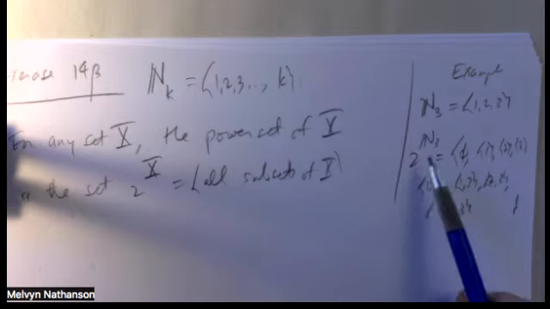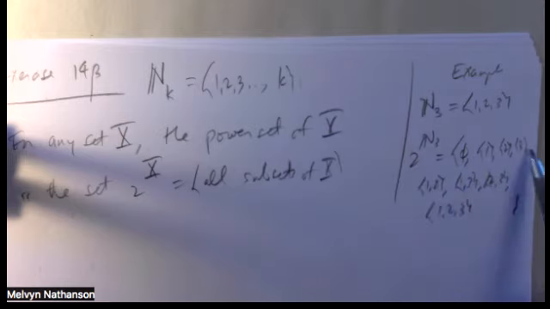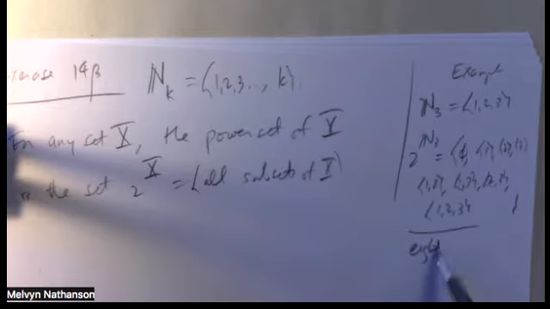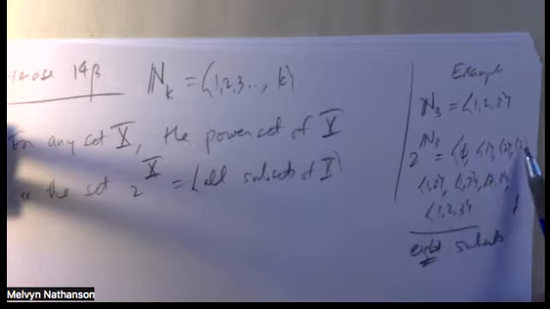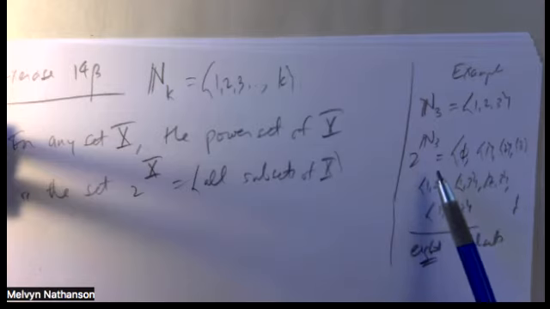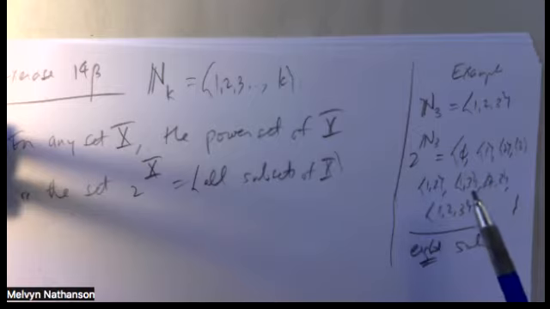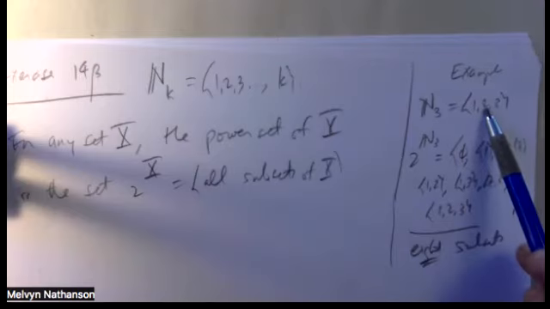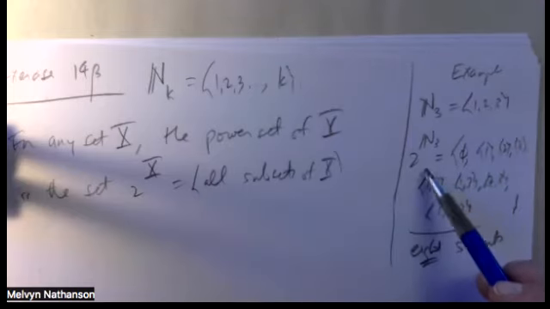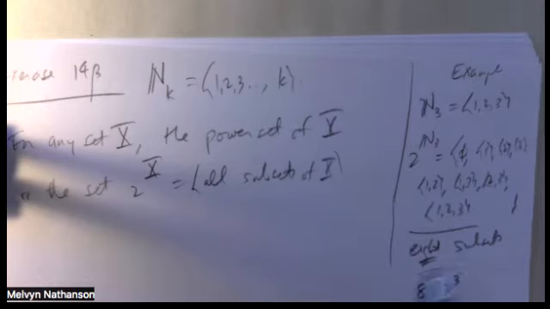So the power set 2 to the n3 is this set, and there are 8 subsets, right? 1, 2, 3, 4, 5, 6, 7, 8. So that's what 2 to the n3 is. And you notice this set has 3 elements. This set has 8 elements, and 8 is 2 cubed.